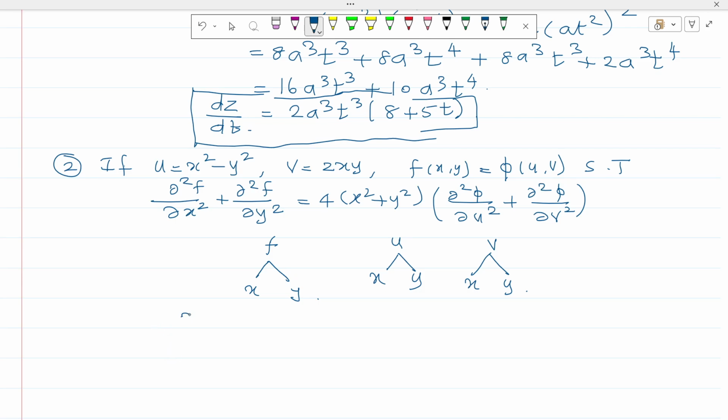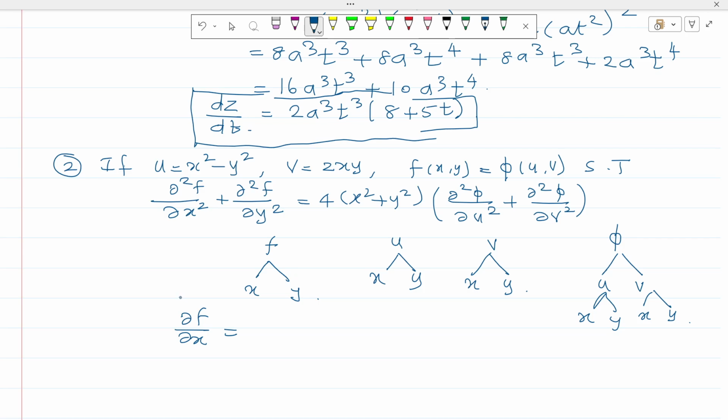Therefore, here we can draw the tree: phi is a function of u and v, u is a function of x comma y, v is a function of x comma y.